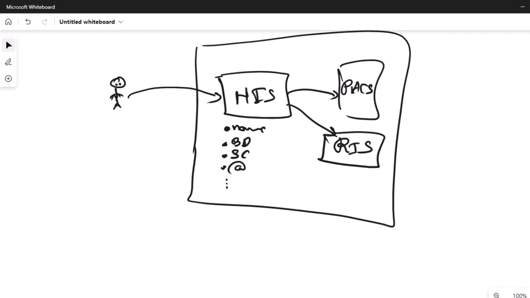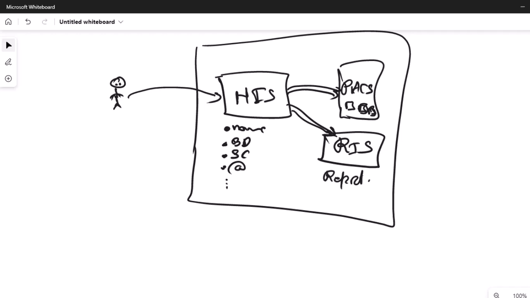And now if our patient needs an exam, the HIS will send an exam order to the other systems so that they could be aware of this. The patient could then take his MRI, his CT scan, or any other exam, and the images will be stored within the PACS system. You can find here the DICOM images, and the radiologist can read these images and make his reports on the RIS.